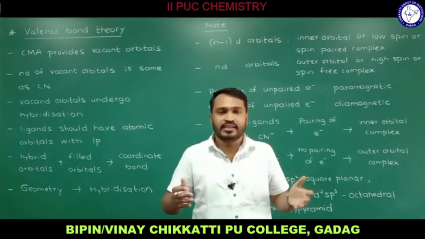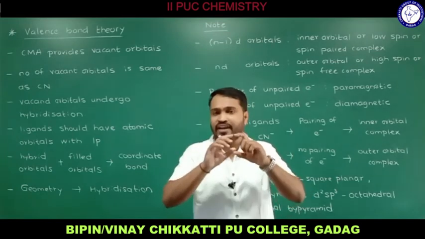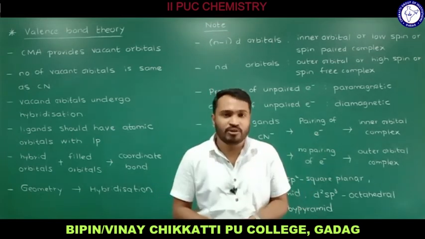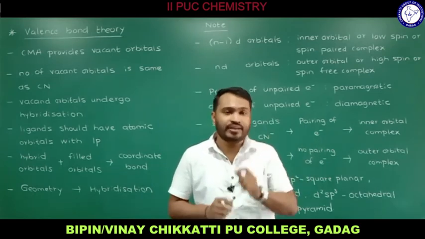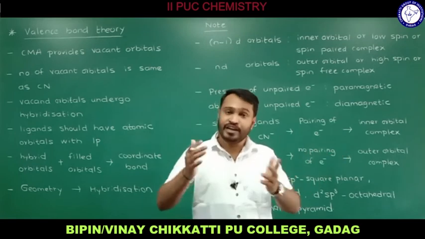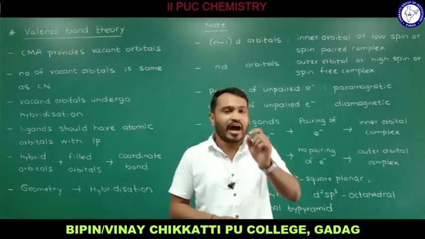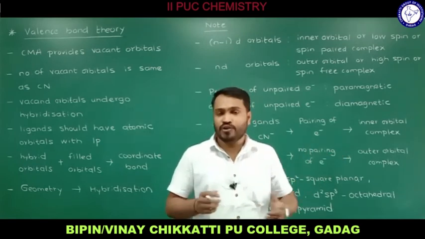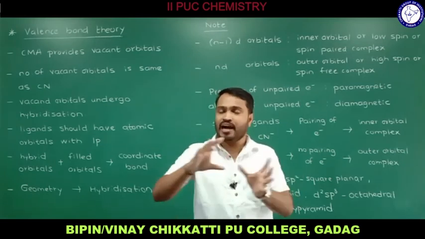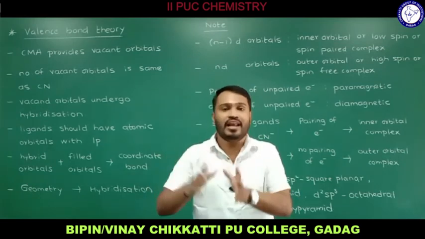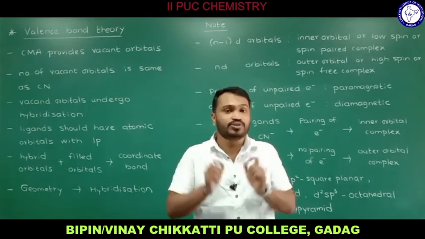What does Hund's rule say? If you have a set of same-energy atomic orbitals, we are supposed to fill all the atomic orbitals with one electron each. Then the pairing of electrons starts. That is, pairing starts only after all the identical atomic orbitals are filled with one electron each. That we call Hund's rule.